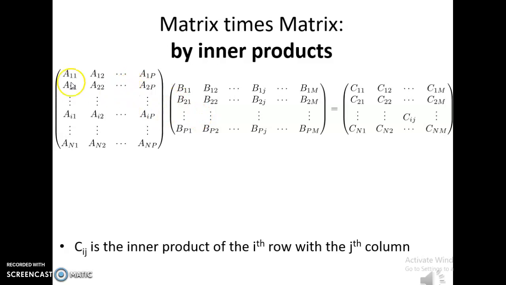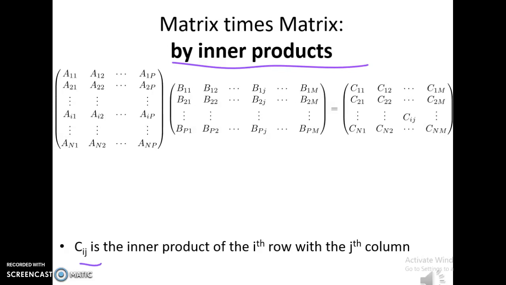Matrix times matrix by inner products. This is the A matrix, B matrix equals C matrix.